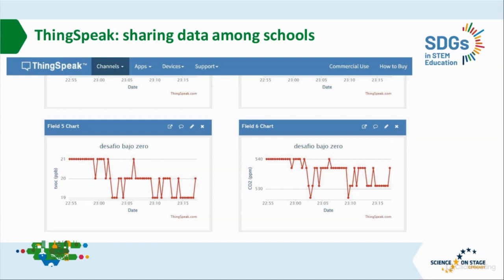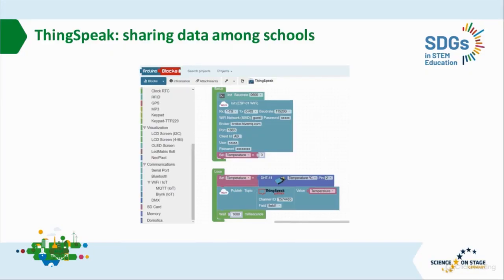Now you can use ThingSpeak, you can code it with Arduino blocks. It's quite easy also, and there are different tutorials that will show you how to do this, or with text coding as well. Here I'm just showing you some of the blocks that Arduino blocks provides for you in order to use ThingSpeak.